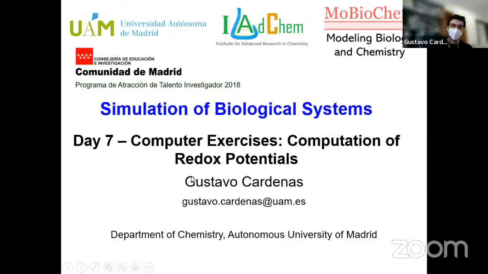People who have done chemistry or any other scientific subject, an introductory chemistry course, have most likely seen this redox potential stuff in their lives. But nonetheless, let's just recap.